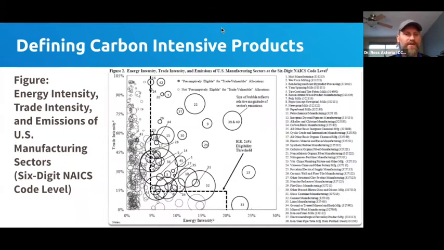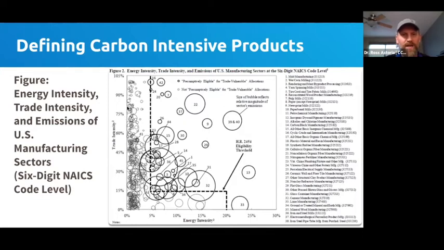And then here is a nice graphic showing those different industries. This is a graphic from a 2009 study looking at the Waxman-Markey bill. On the horizontal axis, you have energy intensity or emission intensity, and on the vertical, you have trade intensity.